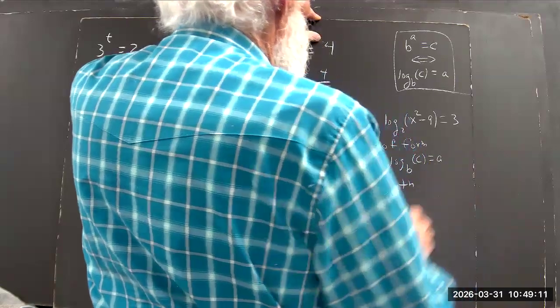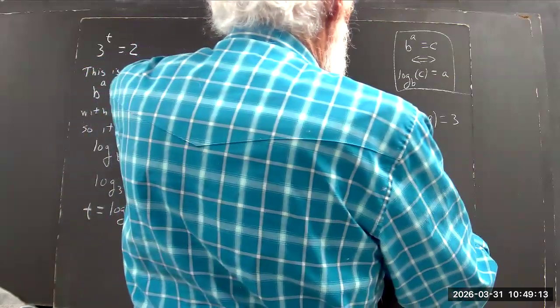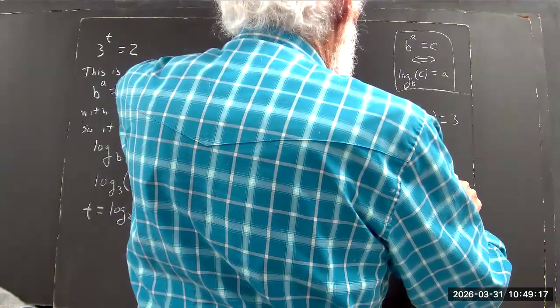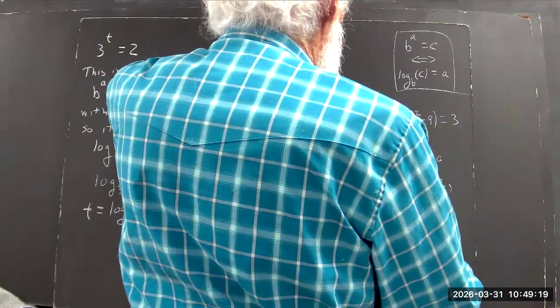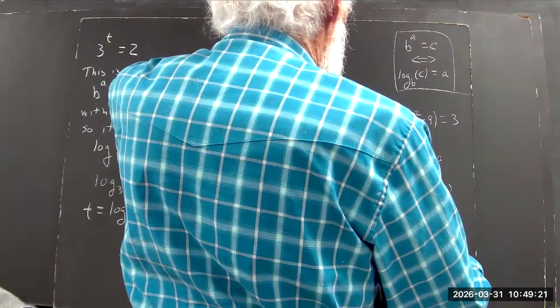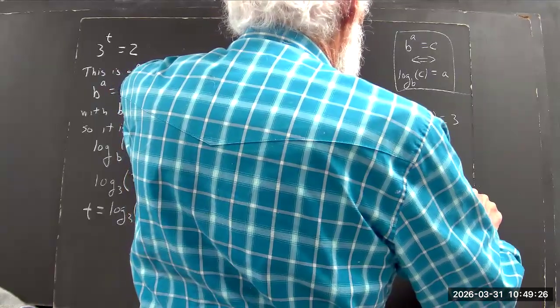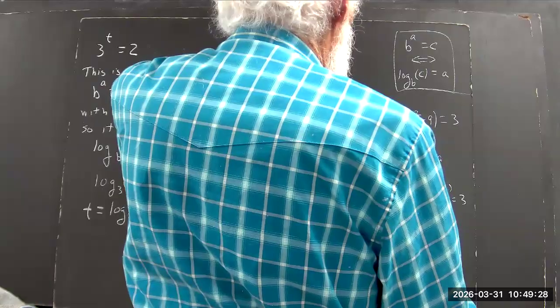The form log base b of c equals a, with b equals 2, a equals x squared minus 9, c equals 3.